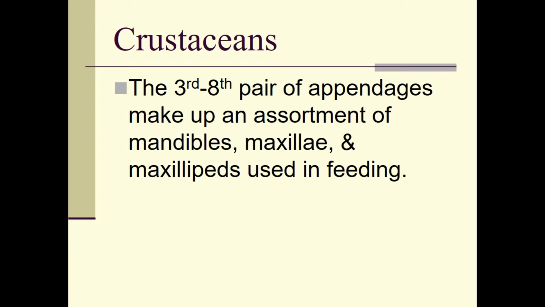So the deepest part are the mandibles, and then there's a smaller set of appendages in front of those mandibles, and then there'll be 5 total sets of tiny appendages that are all in front of the mouth, all in front of the mandible, and are all used in feeding.